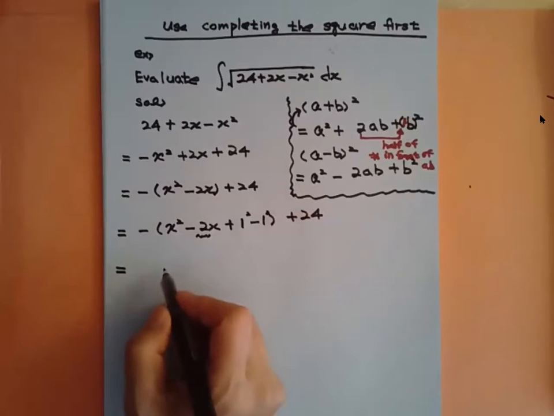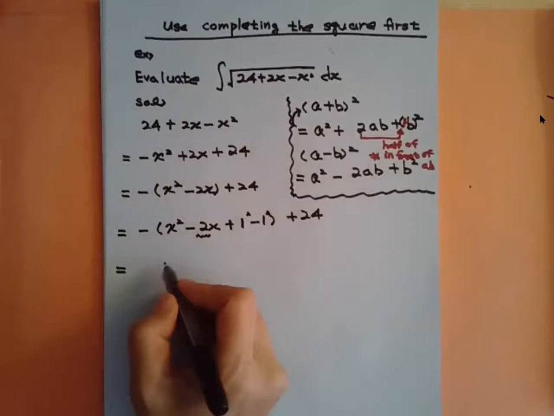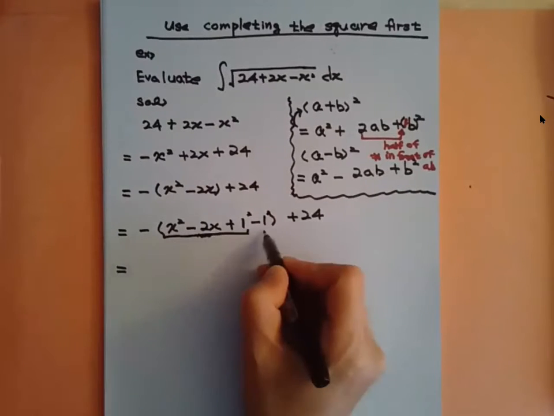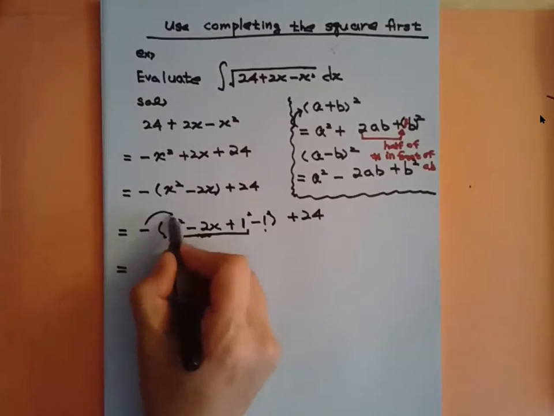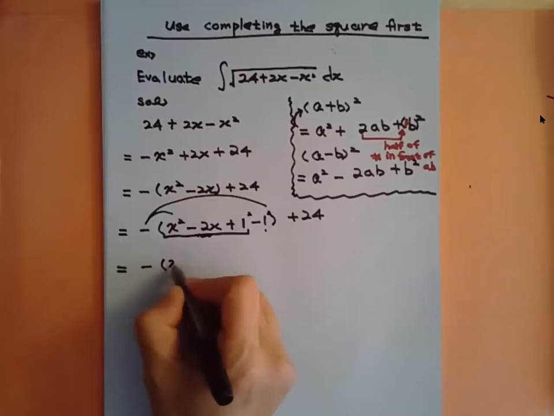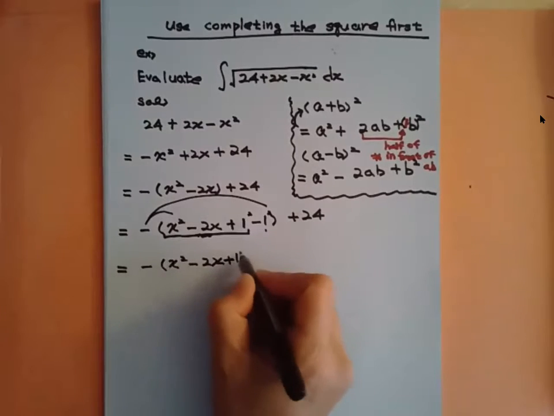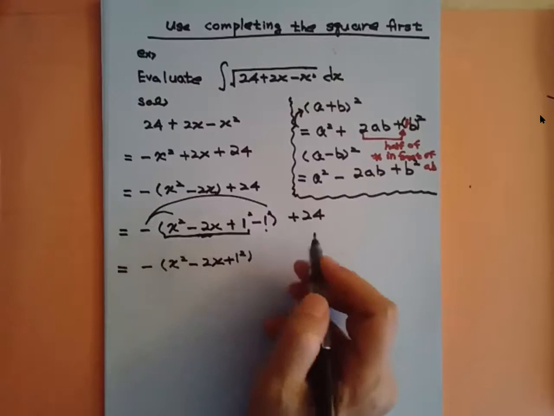So when we think about this formula, we will do this part first and then this part. So we will distribute like this, then that becomes minus open parenthesis x squared minus 2x plus 1 squared, which is 1, minus will make plus.